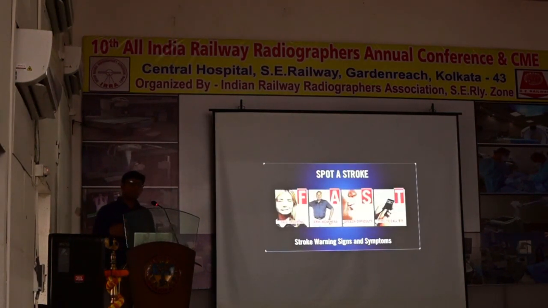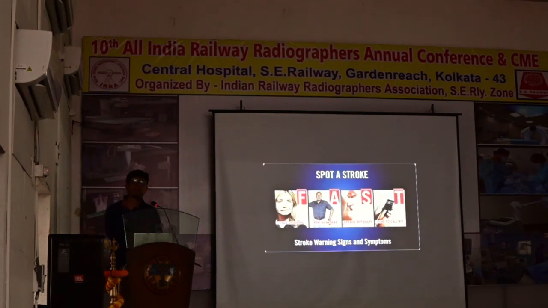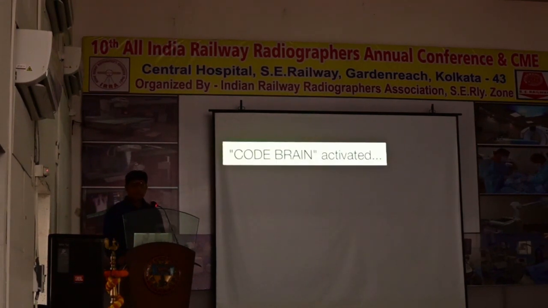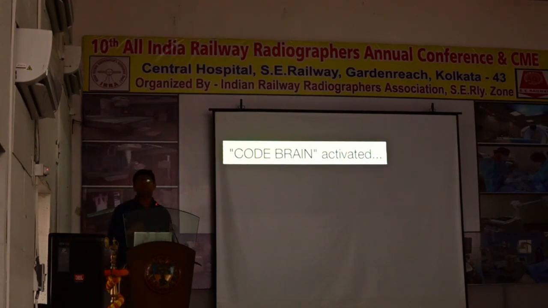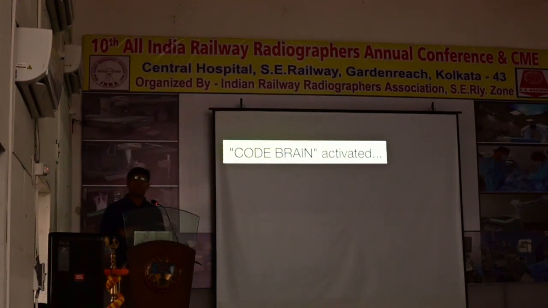To spot a stroke, we all go by the FAST symptoms, where facial deviation, arm or limb weakness, and speech disturbance are important. However, added to this are the BEL: B stands for acute balance problem, E stands for acute vision problem, and L stands for loss of consciousness.